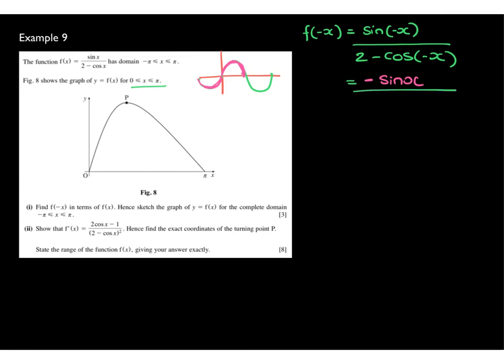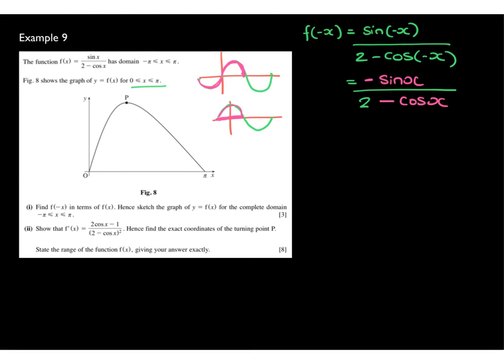Now, in the denominator, cos of negative x, well, if we sketch the cosine graph quickly, it looks like this. So you can see that cosine of these negative values gives you the same result as cosine of the positive values, like that. So the denominator will be minus cos x. Cos of negative x is cos x.